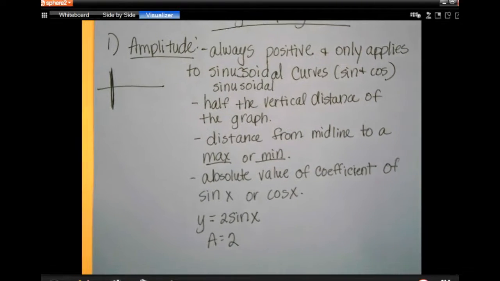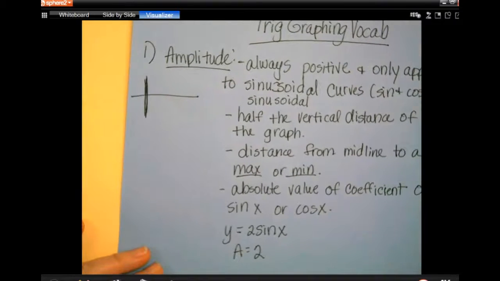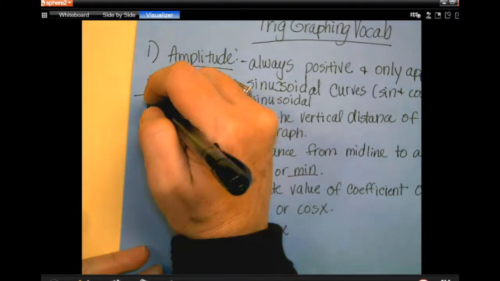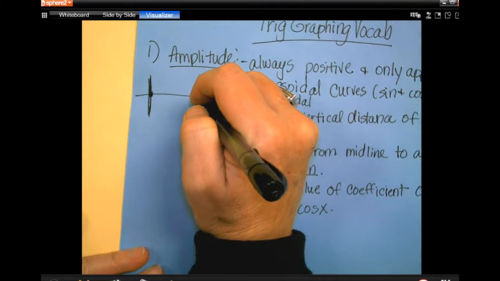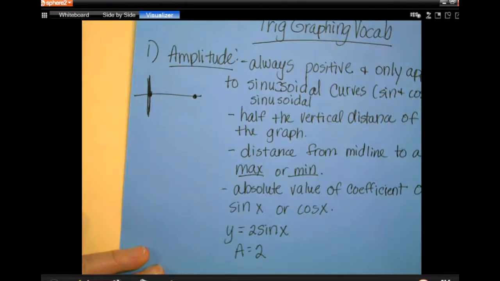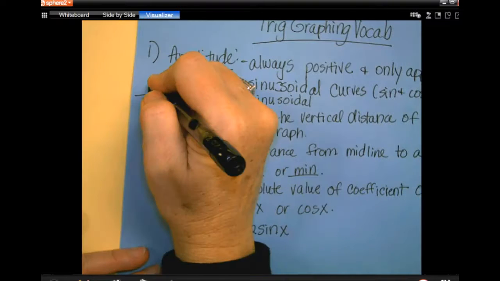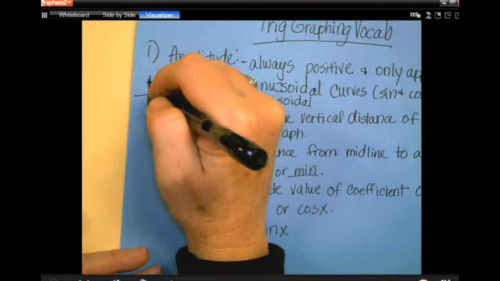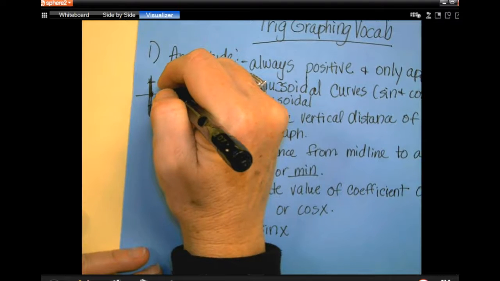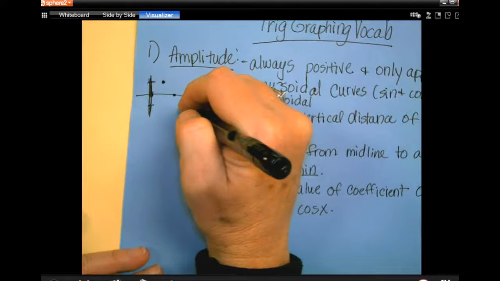So what this looks like on a graph is this. If I graph the sine, it starts at 0 and it ends at 0. And what's the maximum and minimum of the sine graph? It's 1, right? The original, because it's on the unit circle. So if this is 1 and this is 1, this comes up to the maximum and down to the minimum at 1.